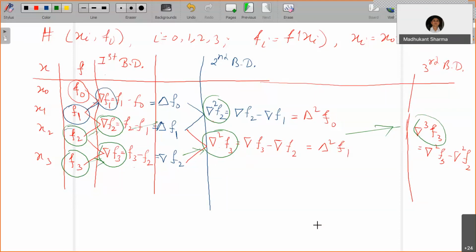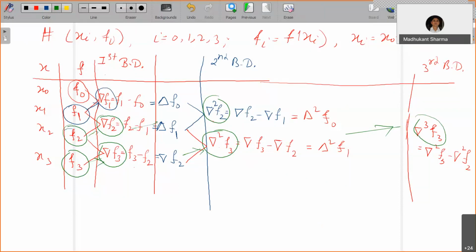Okay, so both difference tables remain the same. Only the notation, and how to extract the backward or forward differences from them, is the important thing. Okay, right. So any doubts so far? Okay, if no, let's go further.